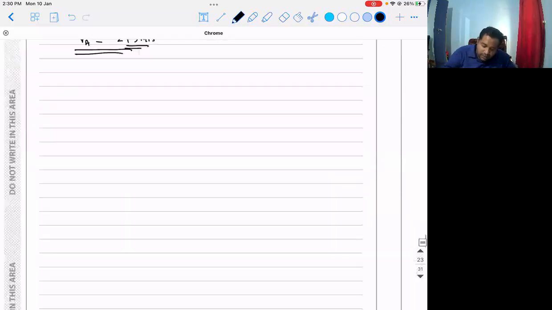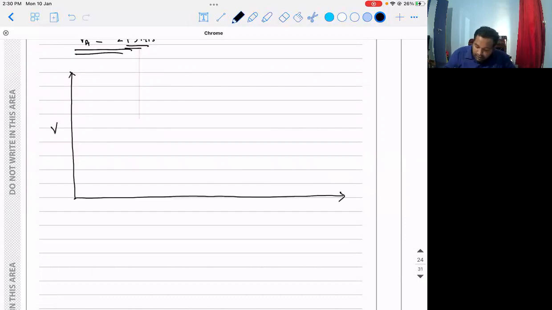From this schematic sketch, we can easily draw the diagram. This is speed, this is time. The speed is increasing from initially 0, and it reaches a maximum speed of 24.5 meters per second.